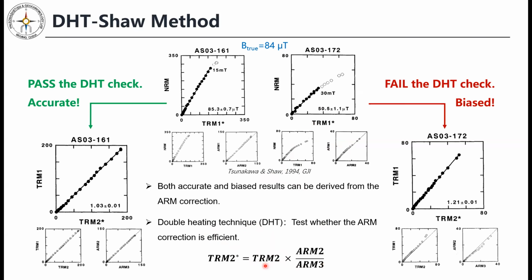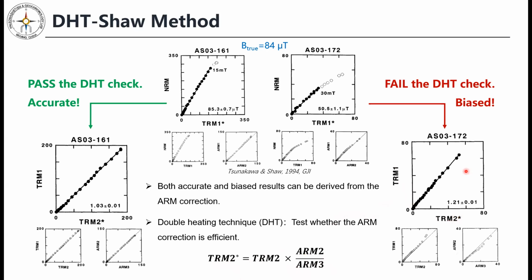Then they give the sample a third ARM, called ARM3, and AFD demagnetize it. Using this data, we can get a similar TRM2 correction, and we can draw a plot of TRM1 versus TRM2 correction.